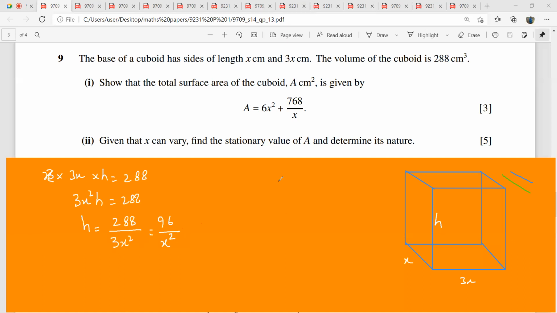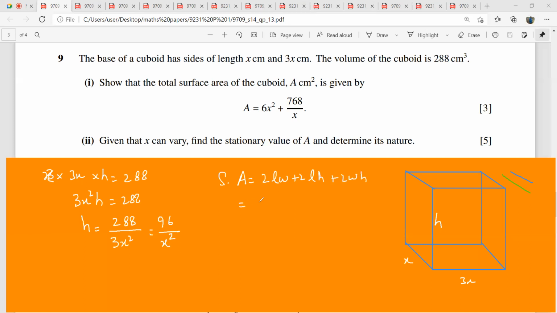Guys, when you have to find the surface area, you see the surface area of a cuboid is going to be 2 times length into the width plus 2 times length into the depth plus 2 times width into the depth.